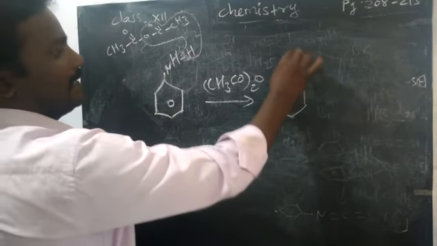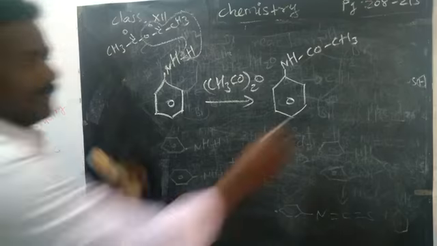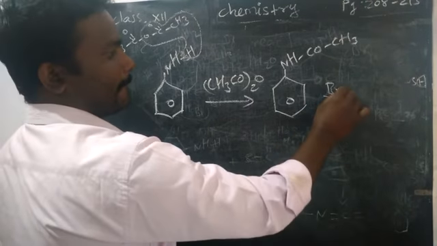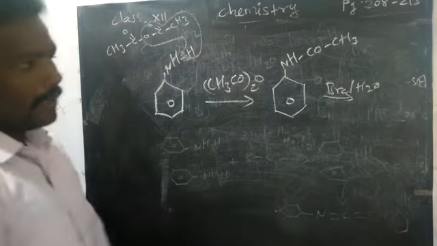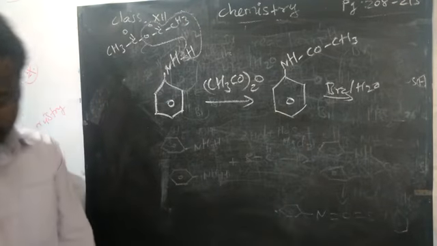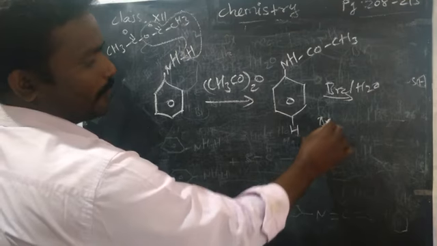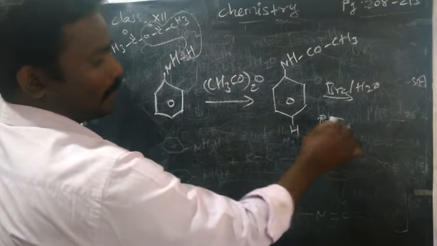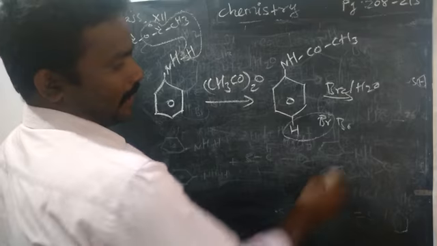Now the CH3CO group can be added with NH. So NHCOCH3. Now we can add the bromine with water or acetic acid. Now what will happen? Selectively we can go with the para position. So from 2 bromine, 1 bromine will go as a HBr, another one you can add up here.